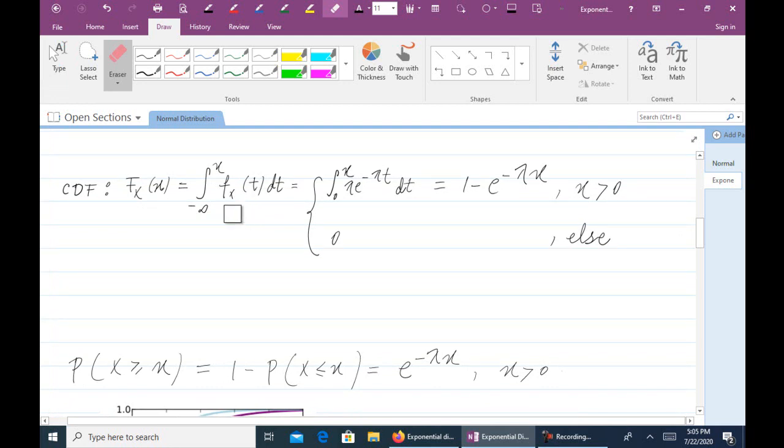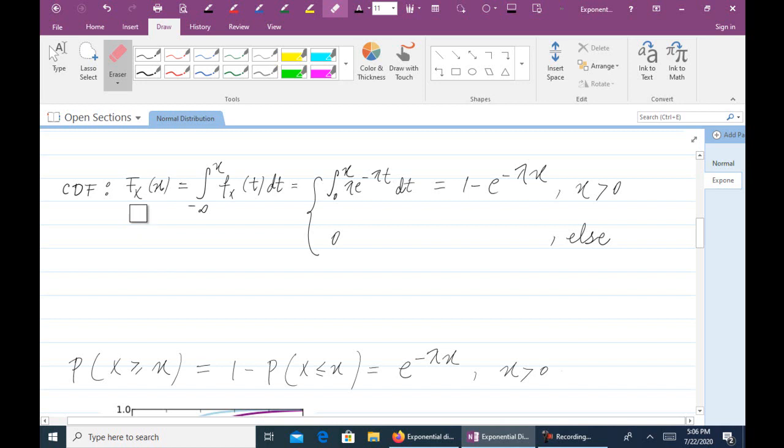Since the PDF is 0 when t is negative, this integral would be 0 whenever x is non-positive, and when x is positive it would be equal to the integral from 0 to x of lambda e to the minus lambda t dt, which one can easily calculate to be 1 minus e to the minus lambda x. So for x positive, the CDF evaluated at small x is 1 minus e to the minus lambda x.